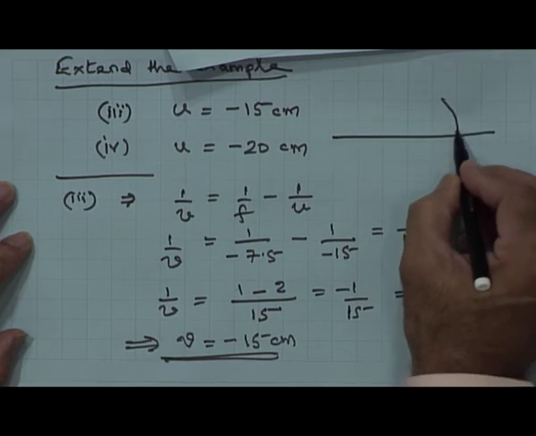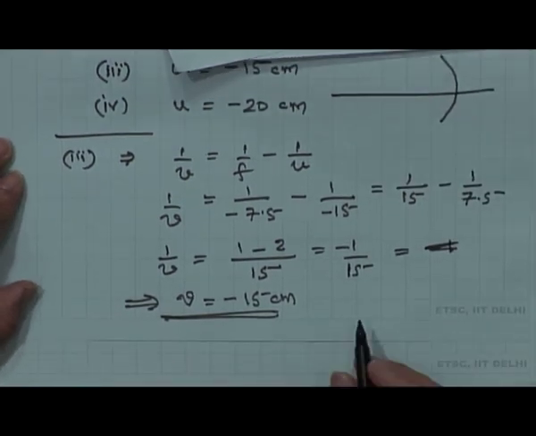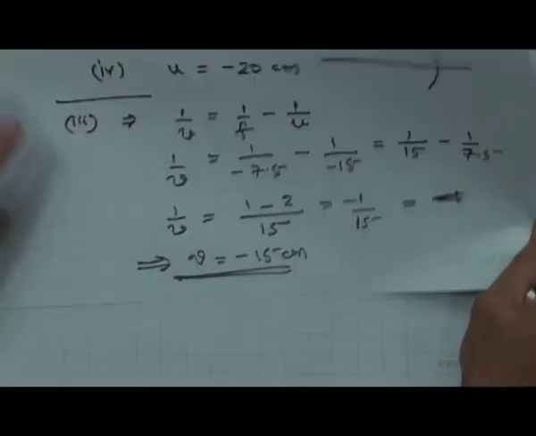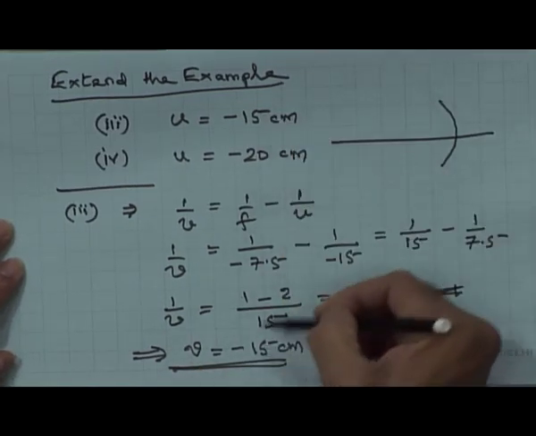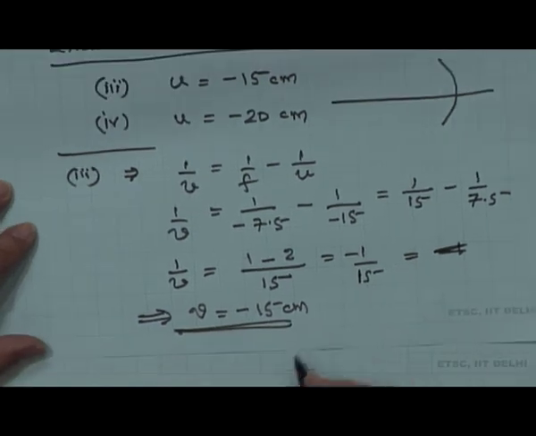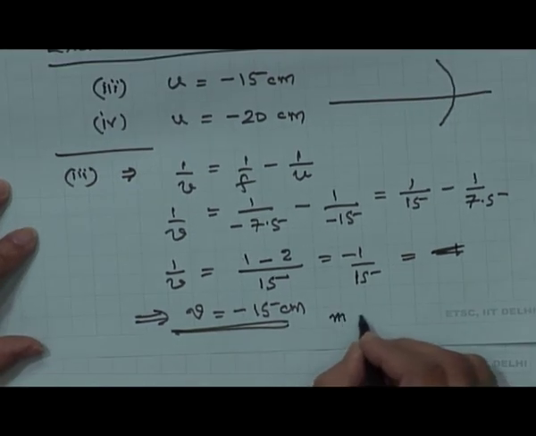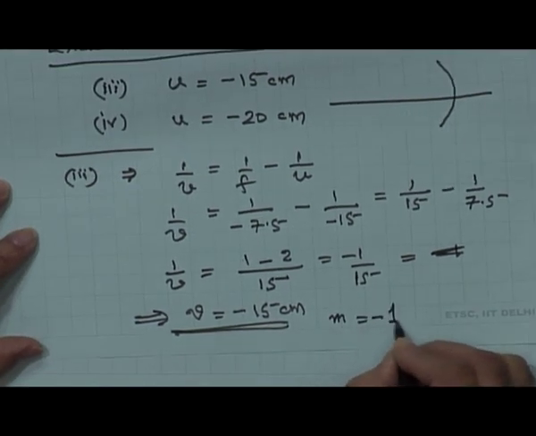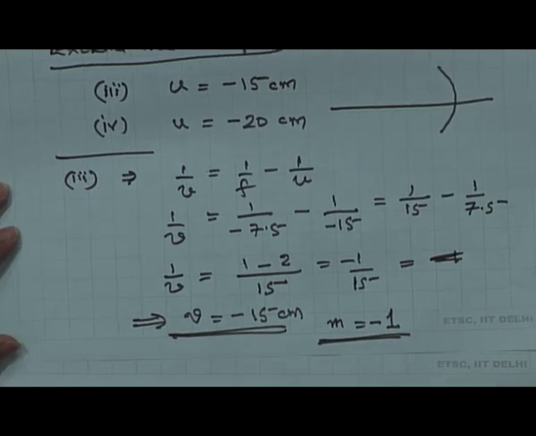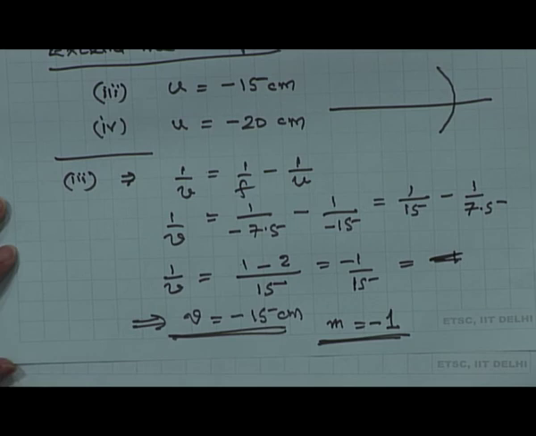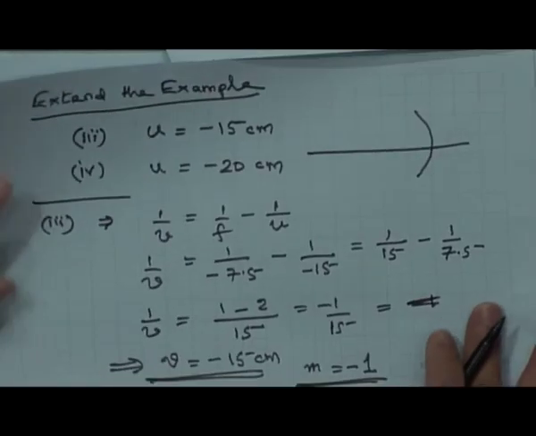So, here it is, and what would be m? The magnification will be minus v by u. So, both are same, and therefore, the magnification m will be equal to minus 1. What does minus 1 mean? Minus means it is inverted, and the magnitude 1 means neither it is magnified nor demagnified, and therefore, we have the image here.